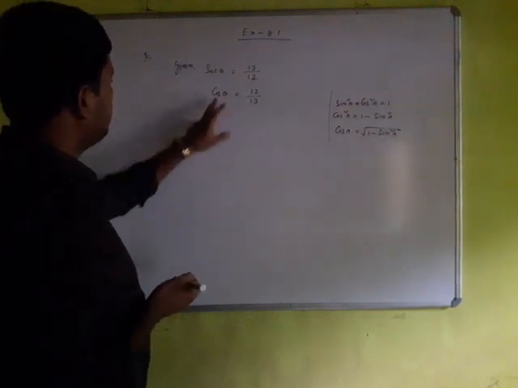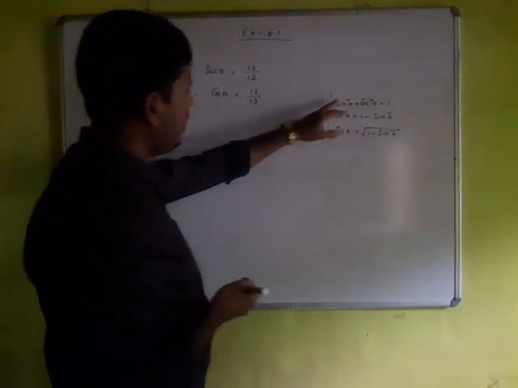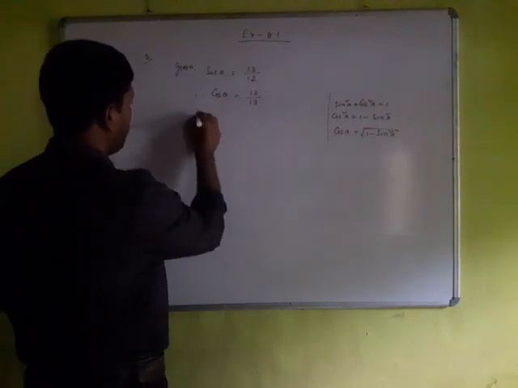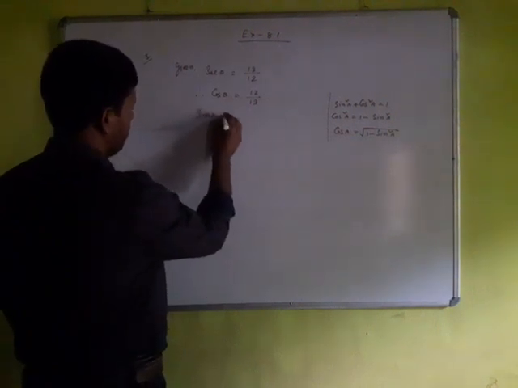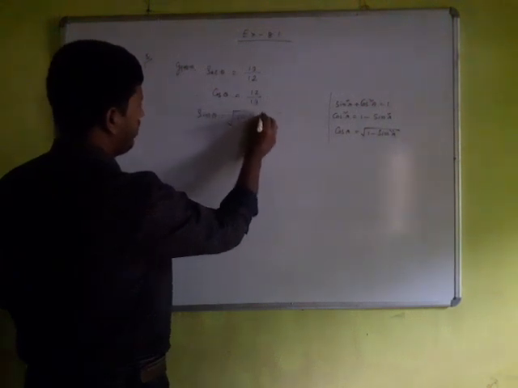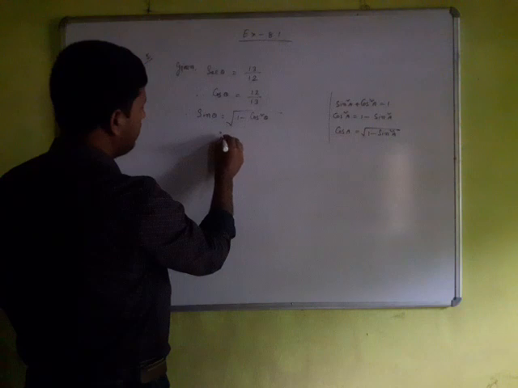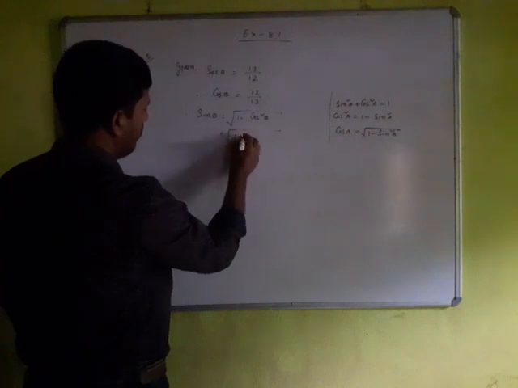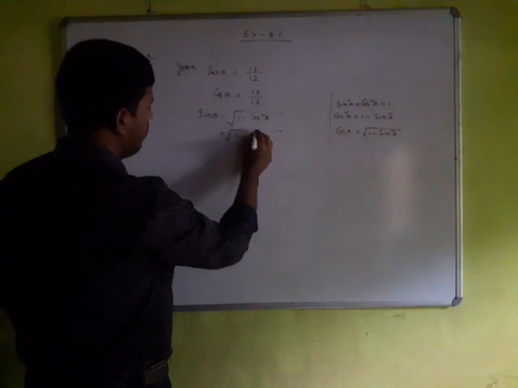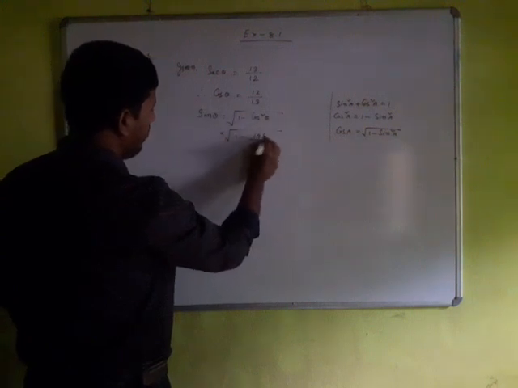So if cos theta is given, then applying this identity we can find sin theta. Therefore sin theta equal to root over 1 minus cos square theta. Cos theta is 12 by 13, then cos square theta will be 144 by 169.